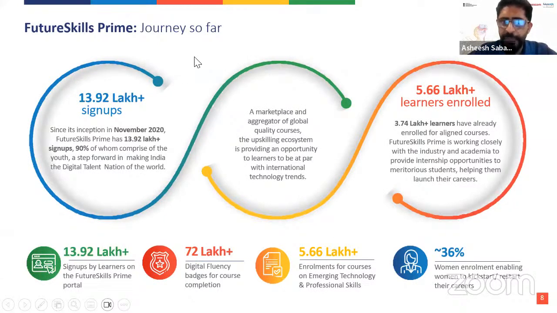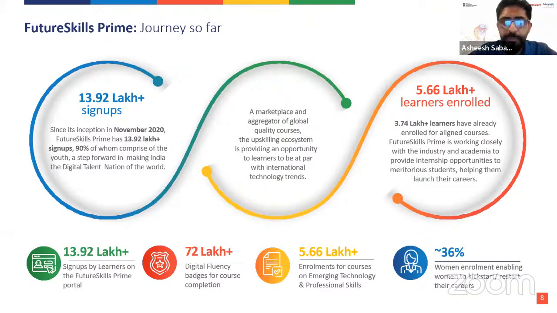The platform has been a huge success so far. We have over 1.3 million learners who have signed up on FutureSkills Prime across the country. This is for learners in India at the moment. There are more than 72 lakh badges which have been awarded on course completion. There are 5.66 lakh enrollments for courses on emerging technologies and professional skills.